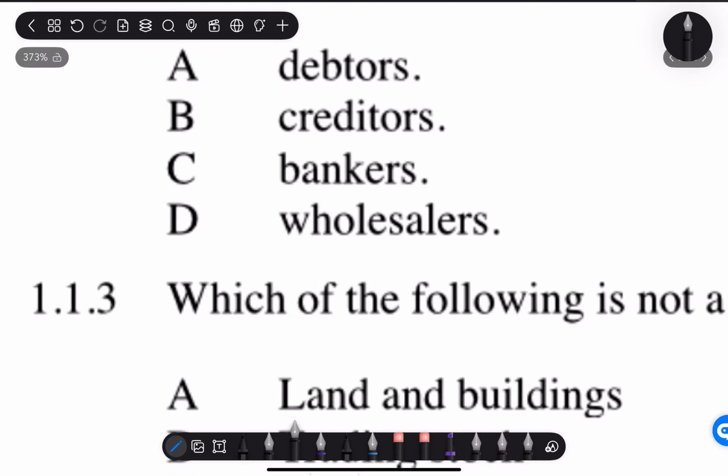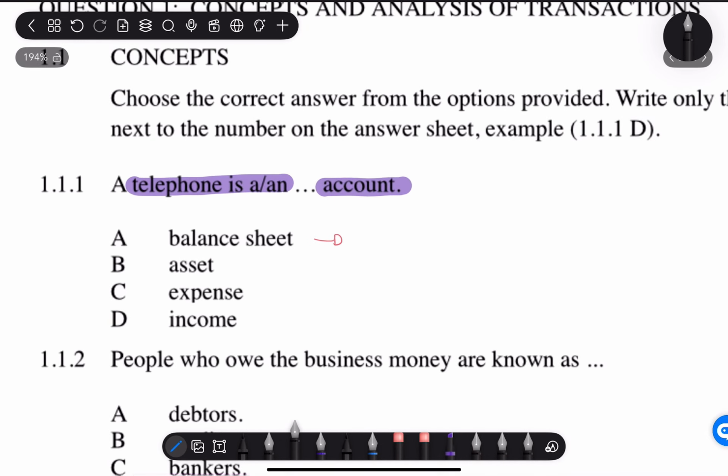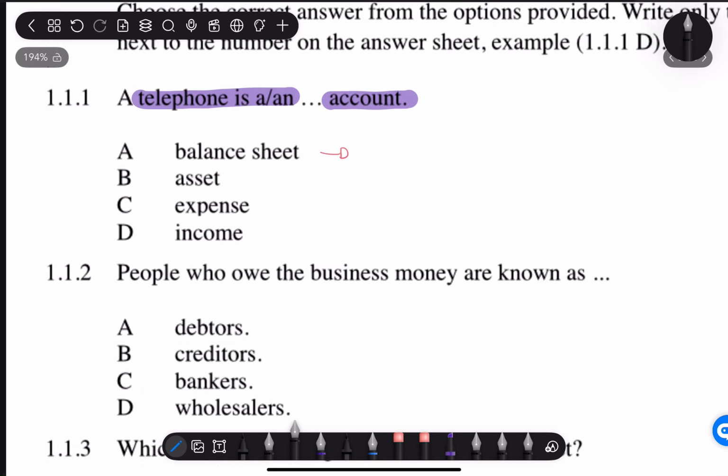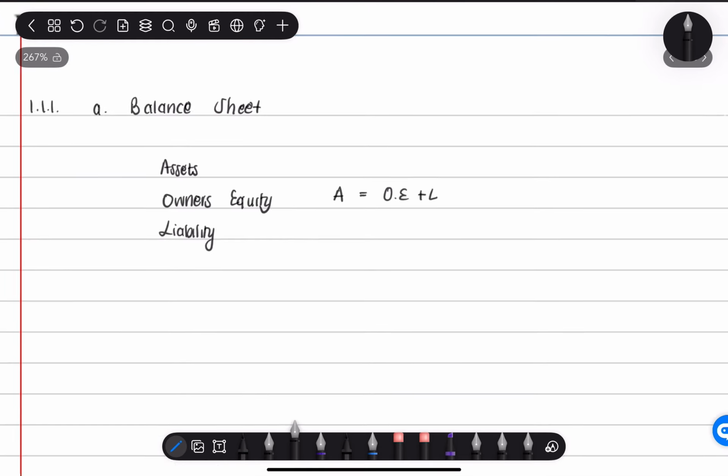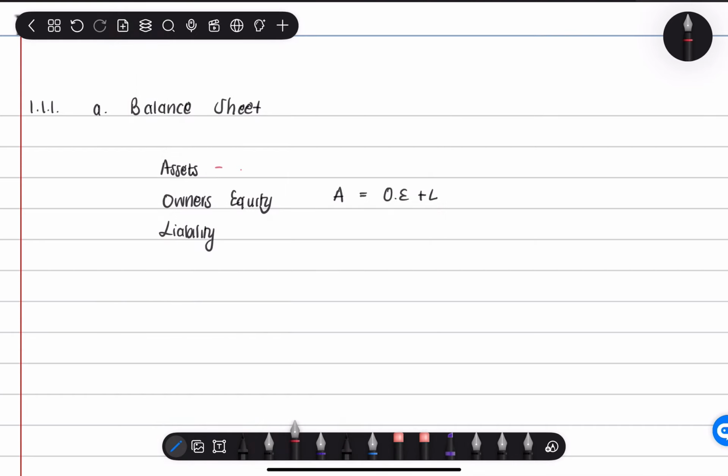Okay, so let's go back. Does it make sense to say telephone is a balance sheet account? Does it make sense to say telephone is an asset? Let's take a step back. What is an asset? An asset is something you own. Owner's equity is the value of the company.